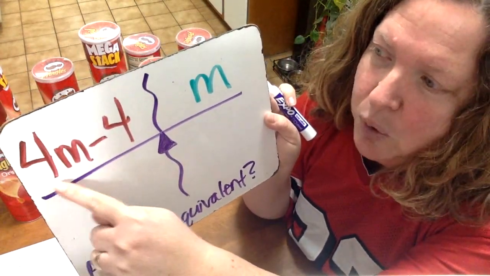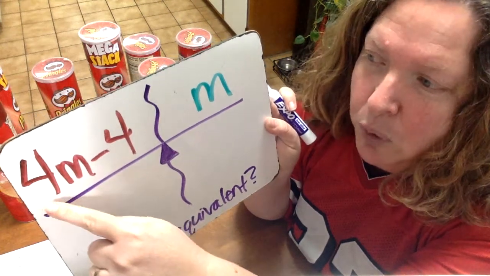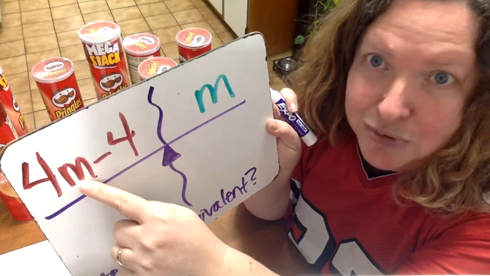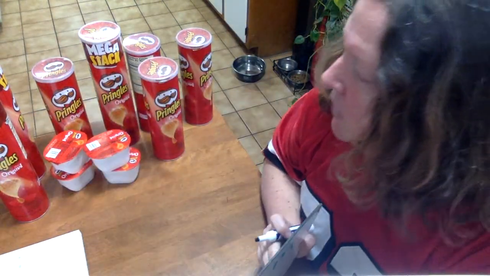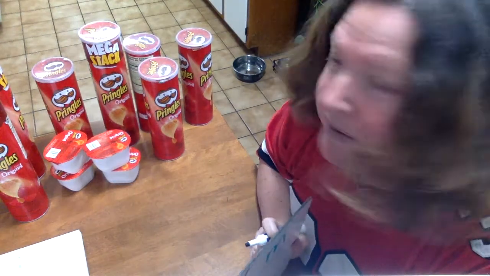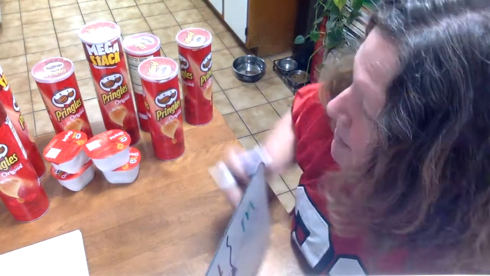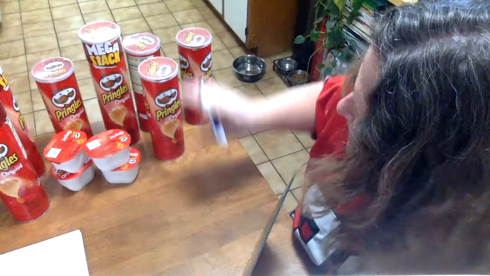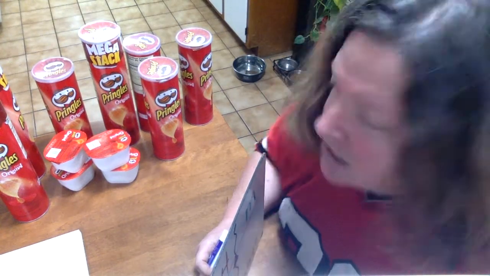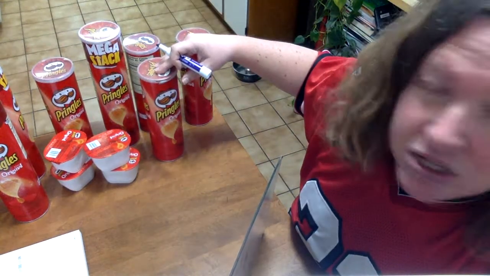So we need 4m. That means 4 groups of a mystery amount. We're back to Pringles. We need 4 groups of a mystery amount. Doesn't matter if we use the mega stacks or the tiny ones or the regular ones. Totally doesn't matter. We just need to have a stack of something that we don't know how much it is to help us. So in this case, I'm going to use just the regular one.